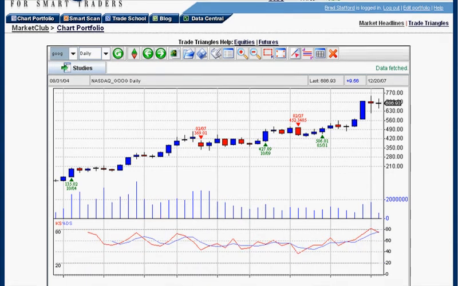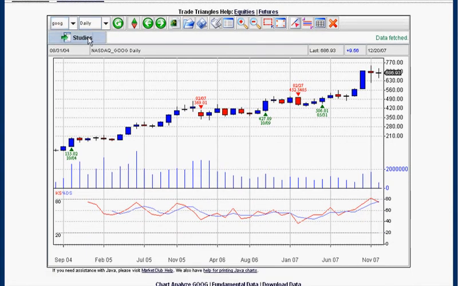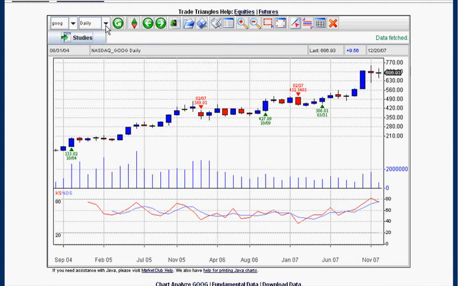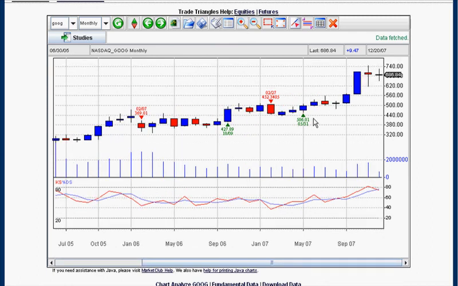So here we have our live chart of Google, and what I'm going to do first is let's go ahead and get over to our monthly trend, because we want to look at the long-term trend of this market. As far as using the first technical indicator, we want to look at the longer-term trend.